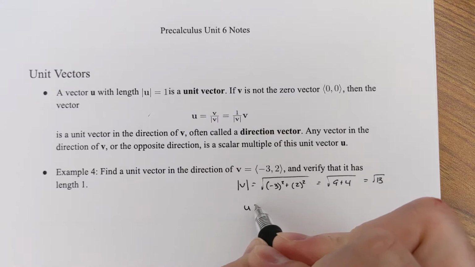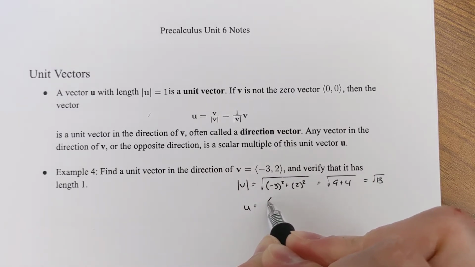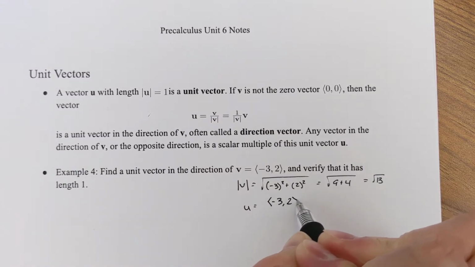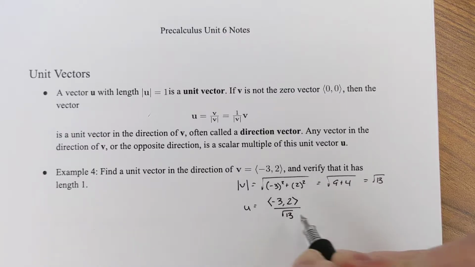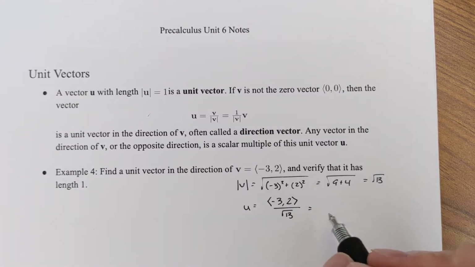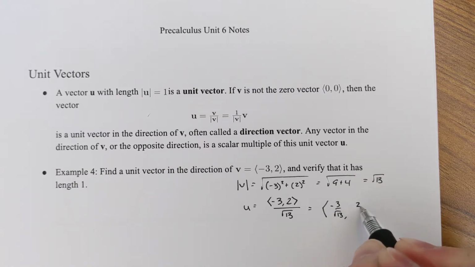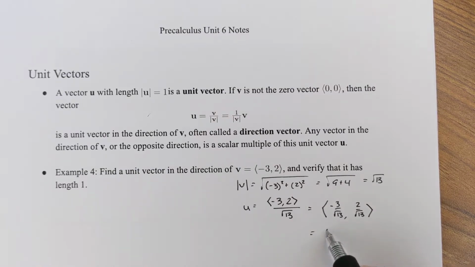So the unit vector is going to be your original vector divided by root 13. So it's going to be -3 over root 13, comma 2 over root 13. But we do not leave roots on the bottom, so this is -3 root 13 over 13, comma 2 root 13 over 13. So that's my unit vector.